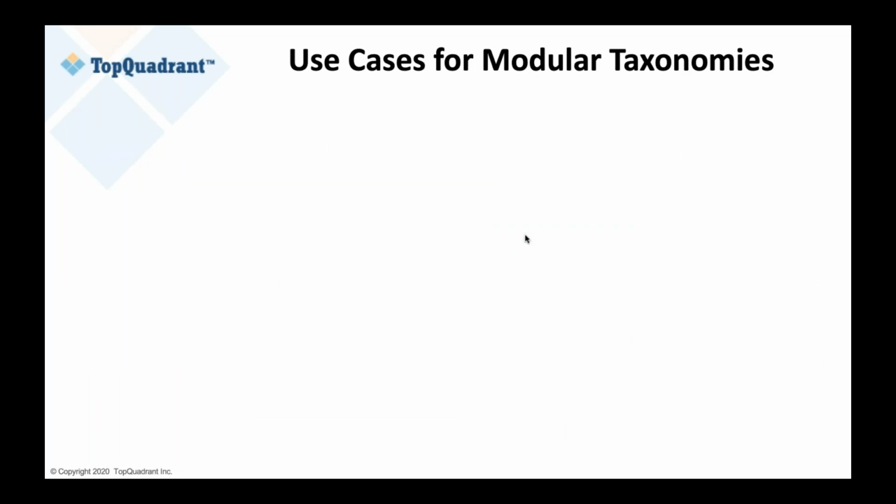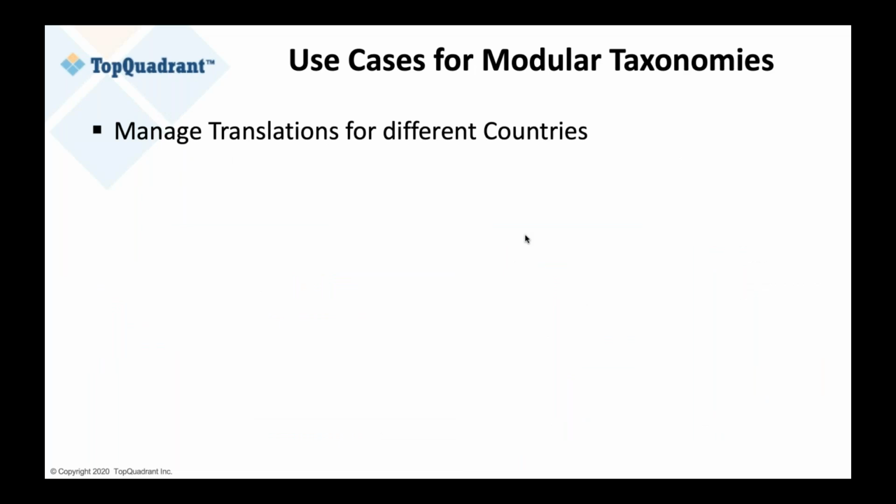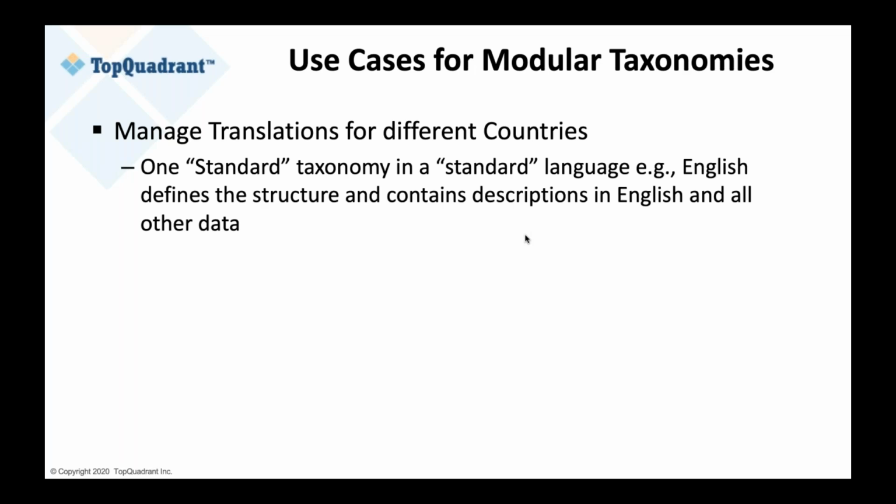Another example use case has to do with translations and national languages. For example, if you have multilingual taxonomies, you may want to have one standard taxonomy in some language of your choice, let's say English, as a popular language, and you'll have all the information in terms of structure, values of all the relevant fields, but everything will be in English as far as your text.